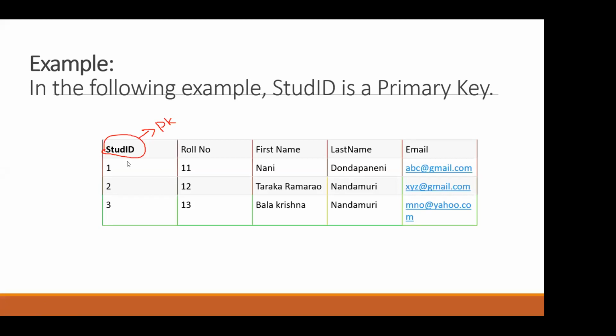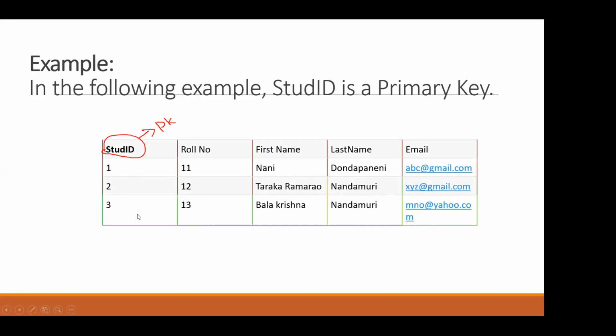Here you can see 1, 2, 3 are different values. Roll numbers 11, 12, 13 are different values. Emails are different. Based on student ID as the primary key, you can uniquely identify the first row of data, the second row, the third row.